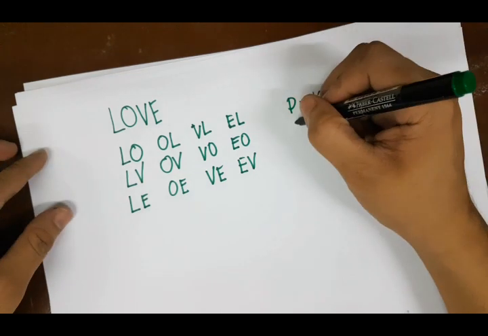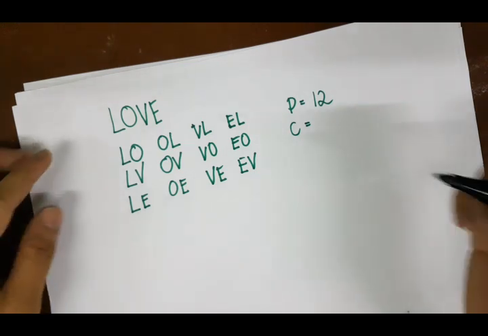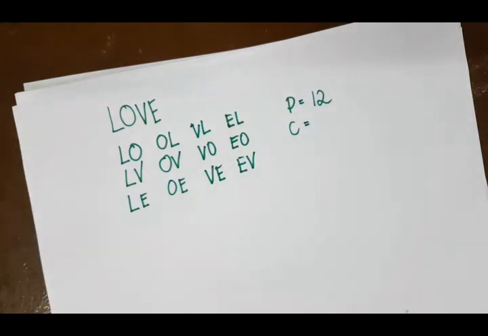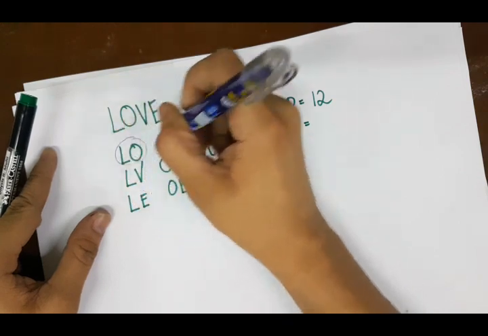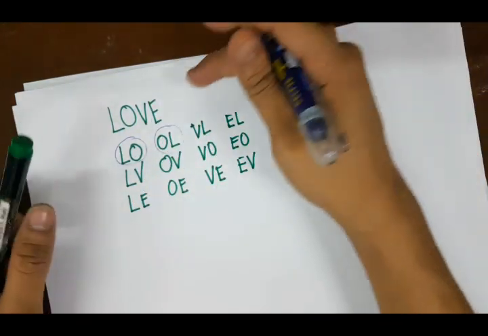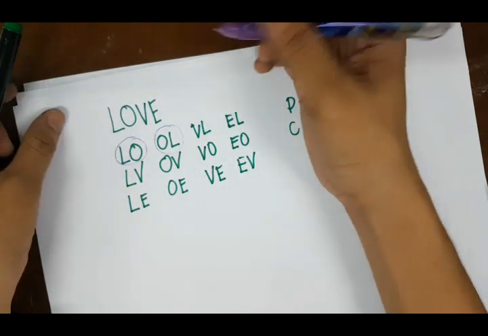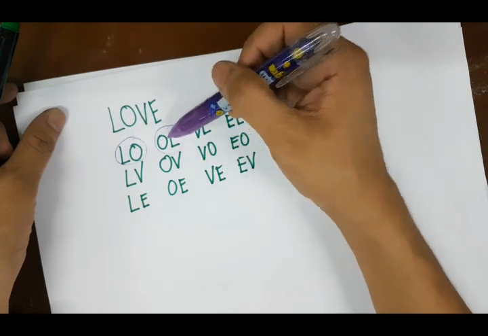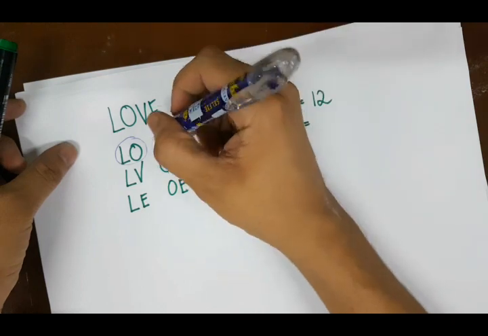Next, under combination, since the order does not matter, look at this. So LO and OL. Under permutations, these 2 are counted as 2. But under combination, since the order does not matter, the arrangement of these 2 letters is not important, we're just going to count them as 1.